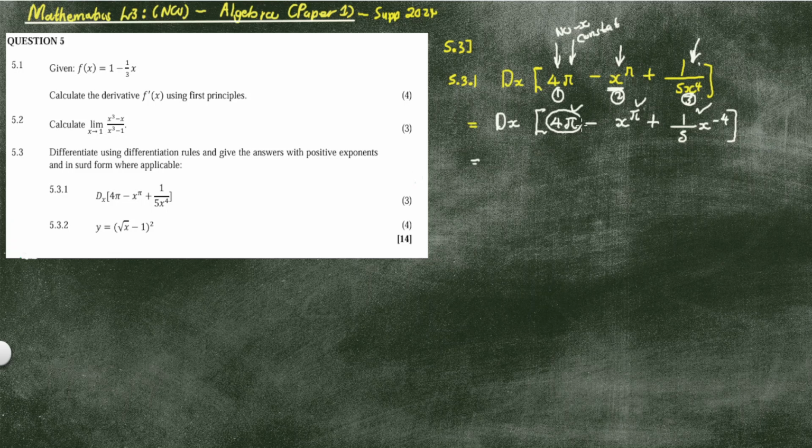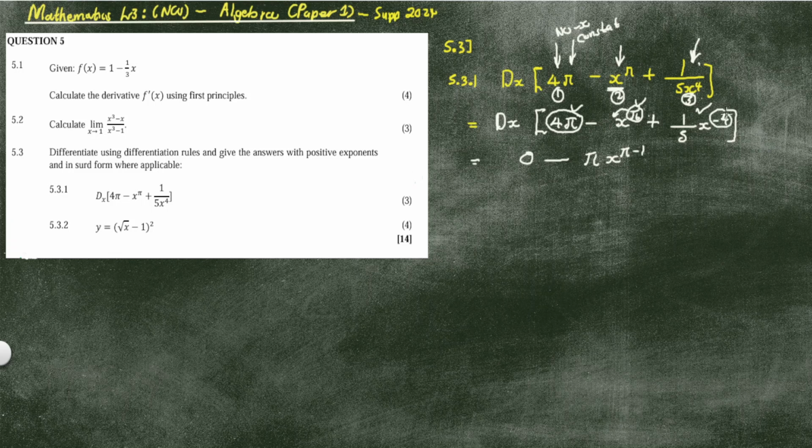So the derivative of a constant is always 0, minus the derivative of this. We are using the power rule. We take the exponent and multiply by the coefficient: π times 1 is π, x, then we take away 1 from the exponent, so π minus 1. Leave it like this.